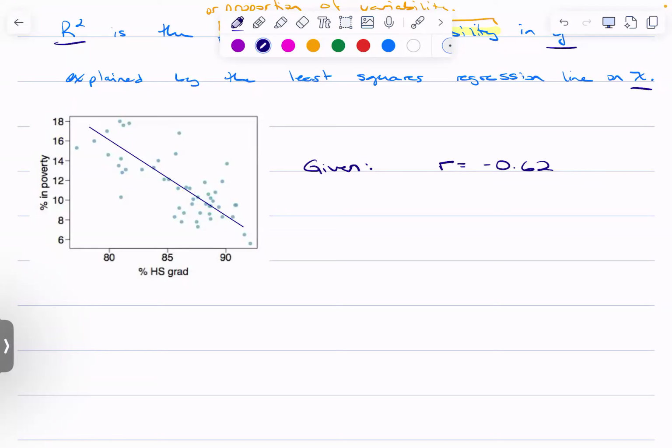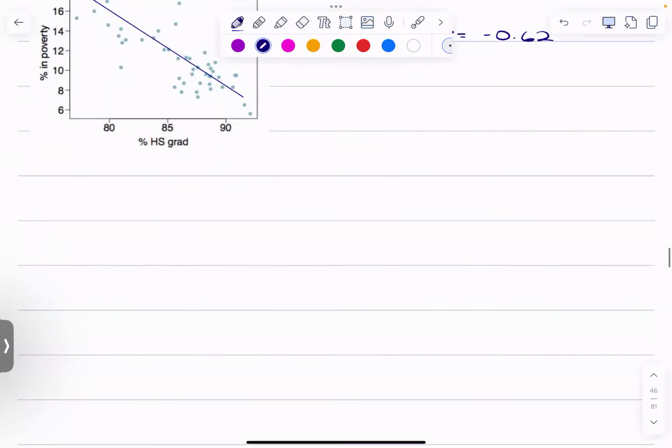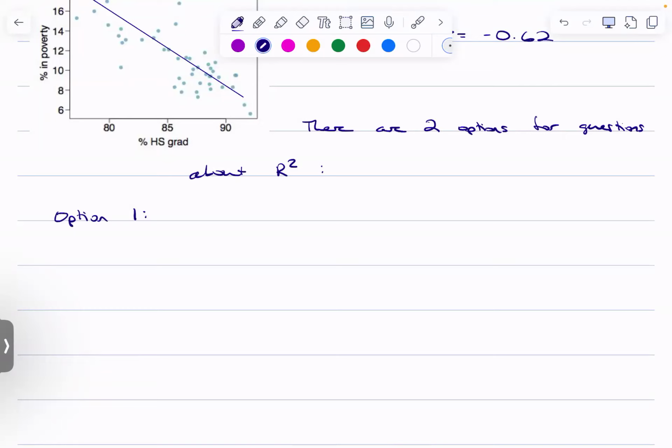So the question could look something like this. There are two options for questions about R squared. Option 1 is I introduce it early, and I ask you to find the correlation.